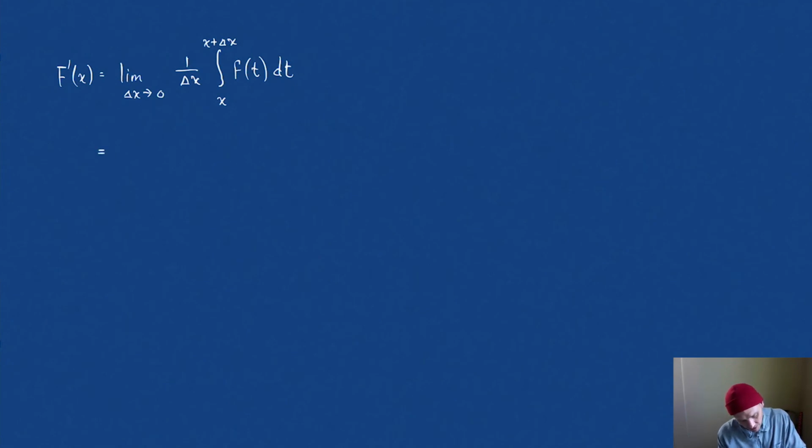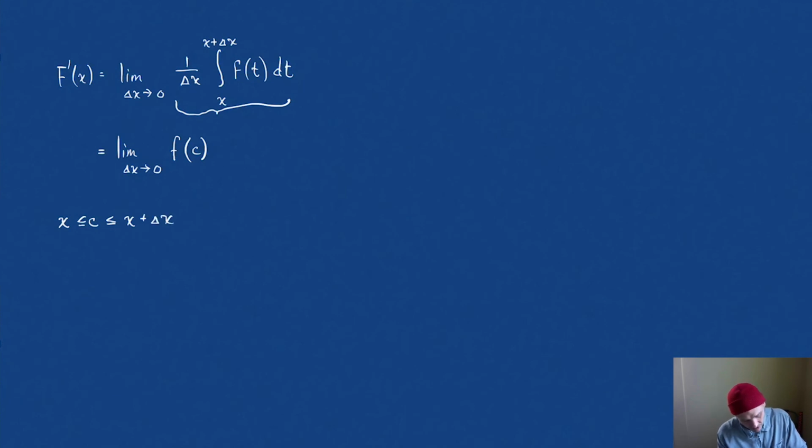This is the limit as delta x approaches 0 of, we just said that this entire thing is just some f of c. Okay, but look at this. c is bounded on the left by x, and it's bounded above by x plus delta x.